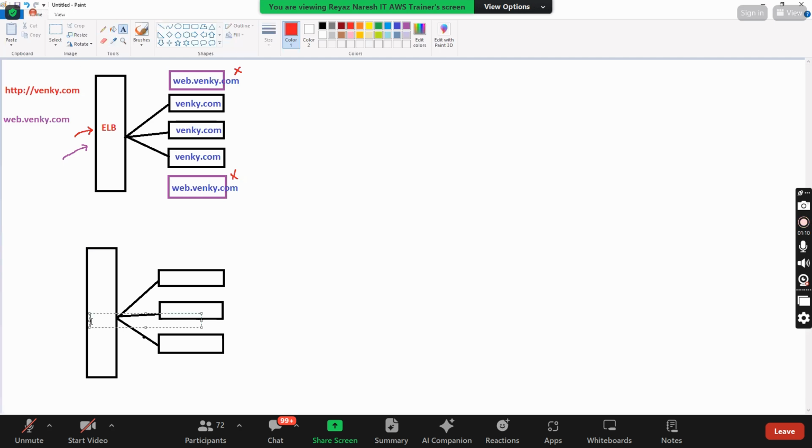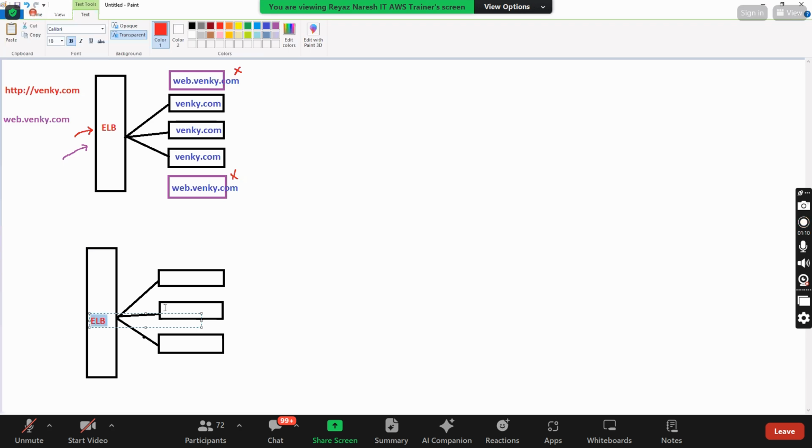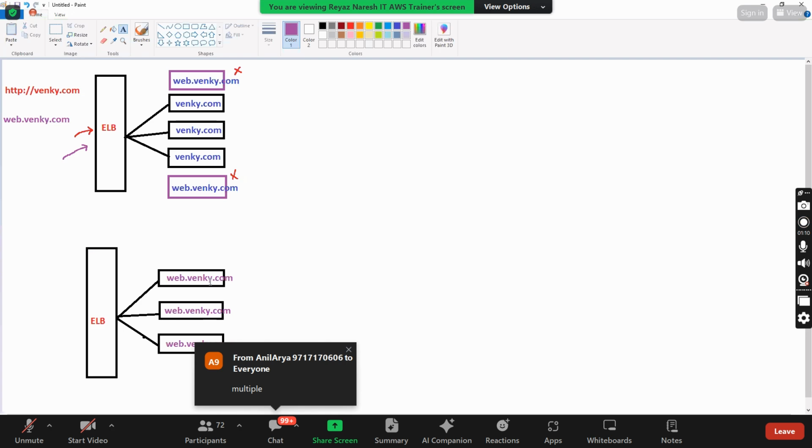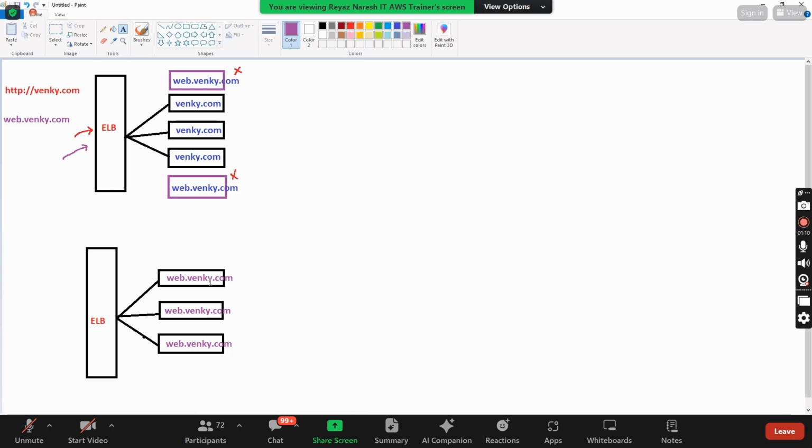So the problem here is, do we have only one subdomain or multiple subdomains? Multiple. I have web.venki.com, and can I have one more website like admin.venki.com? I have hello.venki.com, a.venki.com, b.venki.com, c.venki.com. I will have hundreds of websites.